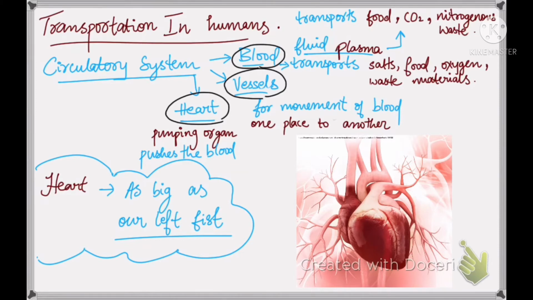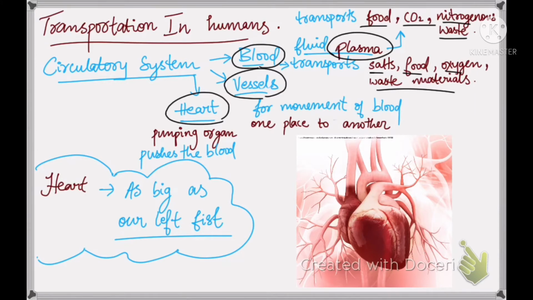Blood transports salts, food, oxygen and waste materials in our body. And blood has a fluid called plasma, as you all know. And this plasma transfers CO2, that means carbon dioxide, food, and the nitrogenous waste. So it's important to remember what these both things transfer. It has a slight variation.